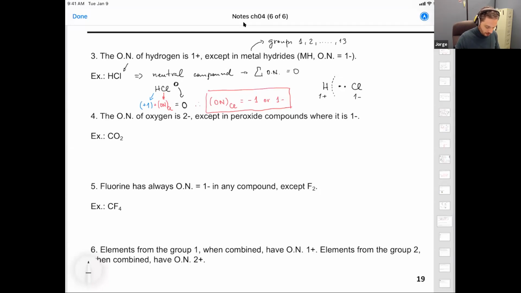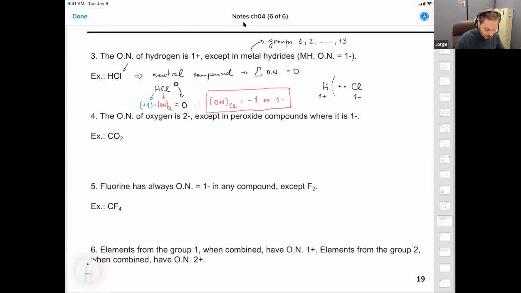Okay, so let's take a look now at rule number 4. The oxidation number of oxygen is usually 2 minus, except in peroxide compounds, where it is 1 minus. Oxygen is so strong that in most cases its oxidation number is going to be 2 minus.